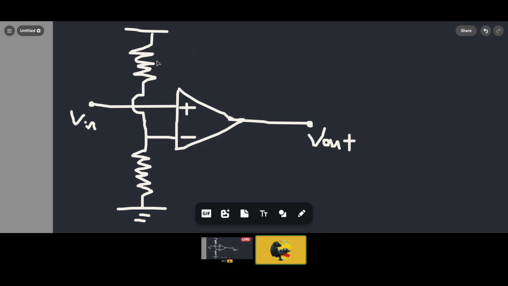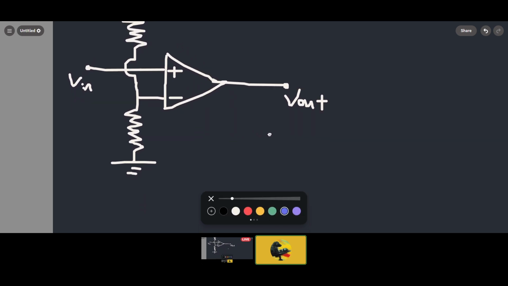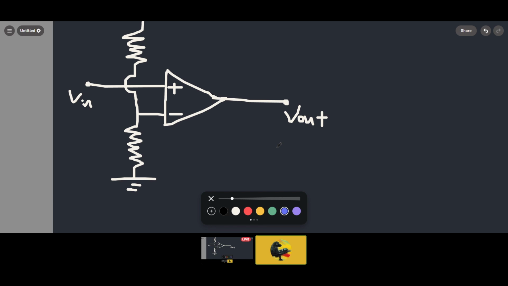Alright, and the purpose of the voltage divider is to get the V minus. Let me explain this in a practical way. Let's say we want to create a circuit where if V in is higher than 4 volts, then we want to have a buzzer sound.